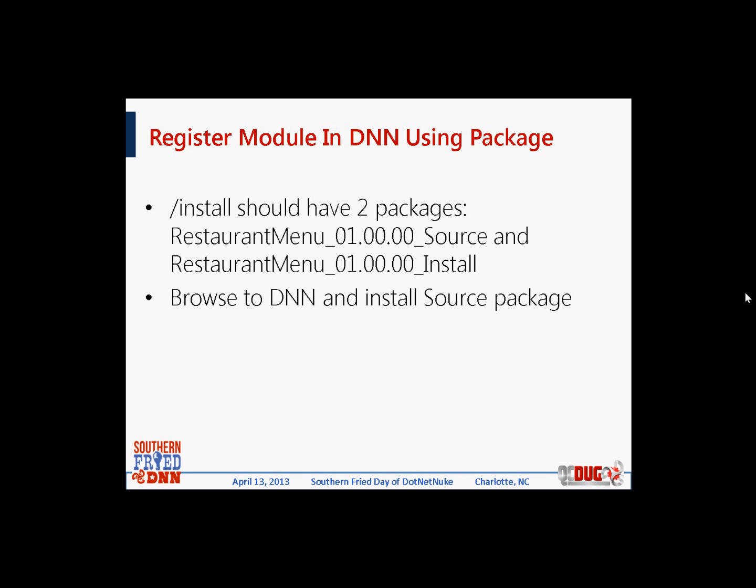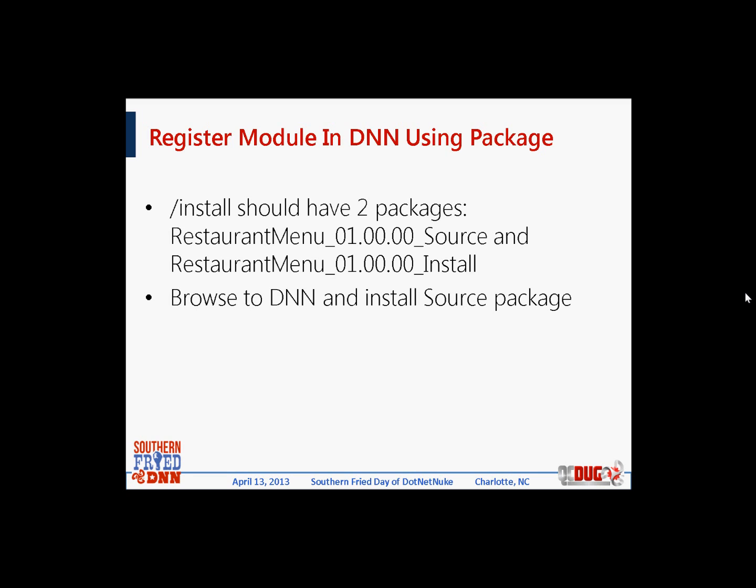So just like in previous videos, I talked about the quickest way to register our module in DotNetNuke is to just use the source package that was built when we kicked off the release build.